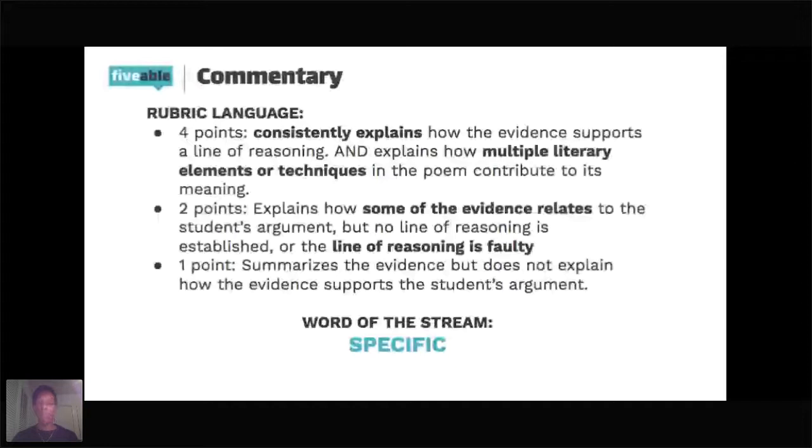Yes. But if it only happens once, then you have to make sure that you have a robust amount of other evidence, because we are looking at complexity and also this idea of sophistication, that you are looking at how multiple things are used by the author. The authors are good at this. So they're not going to rely on one device or element to establish this complex abstract idea.